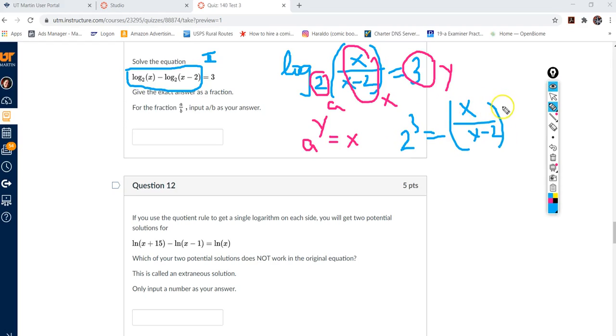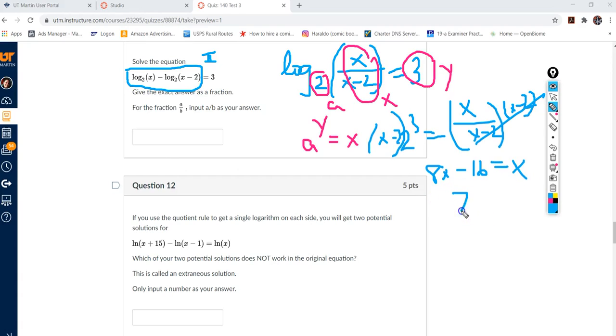Multiply both sides by x minus 2 to get rid of the fraction. So this is 8, so I'm going to have 8 times x minus 2. These cancel.